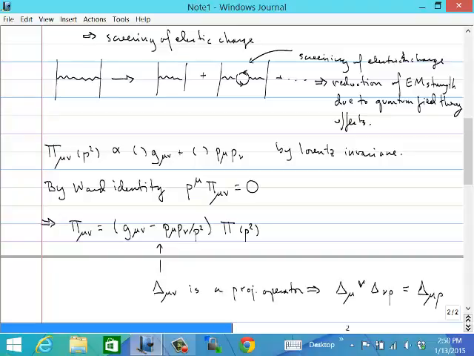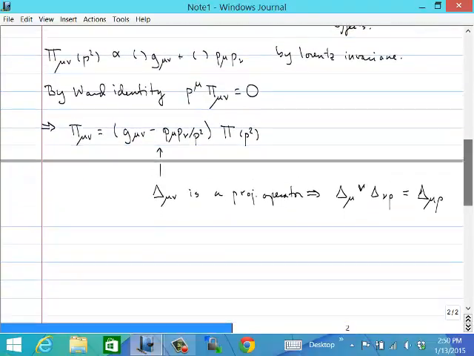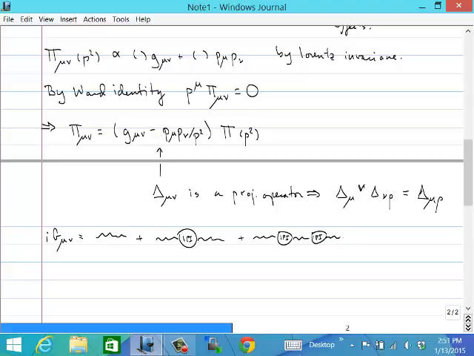So that means that if you go ahead and compute this two-point function, remember, it takes the form of the free propagator plus the 1 pi contributions plus two 1 pi contributions right next to each other, plus so on and so forth. Then what does that look like?